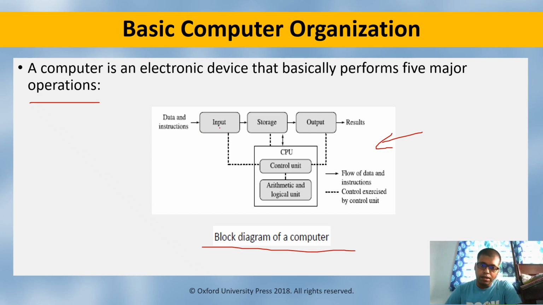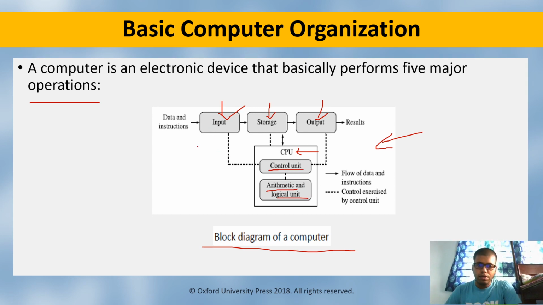These are the different parts of the computer. Some are input parts, some output parts, some are storage devices, and another part is known as the CPU. The CPU does the main control and processing. There is a control unit, and the arithmetic and logical unit does the data processing.